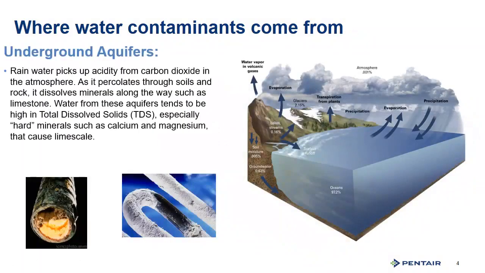So underground aquifers. When rain picks up dissolved gases in the atmosphere, CO2, carbon monoxide, hydrogen sulfide, just sulfur gases, those sorts of things, as they're dissolved in water, become acids.